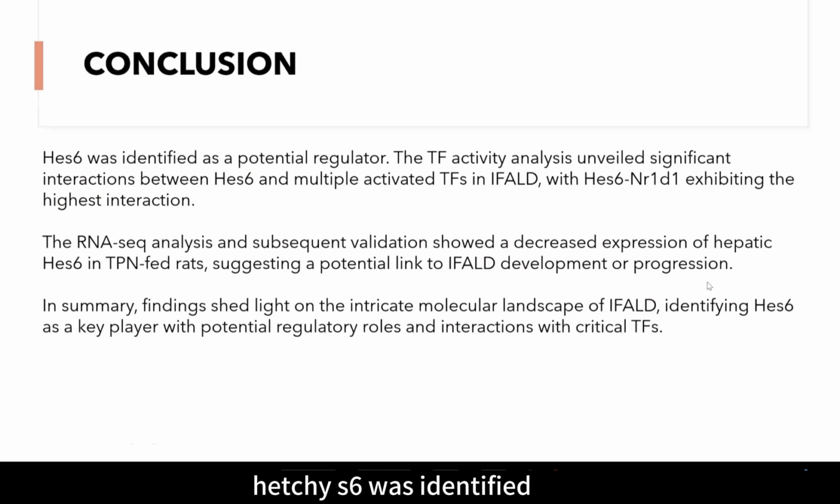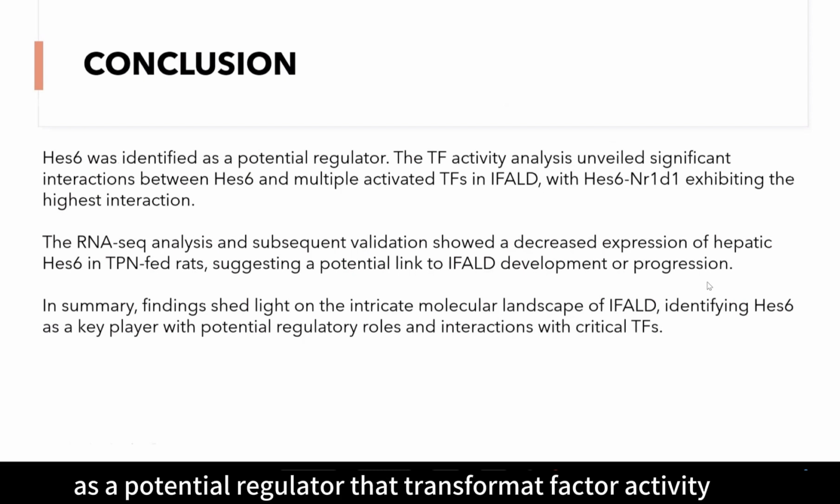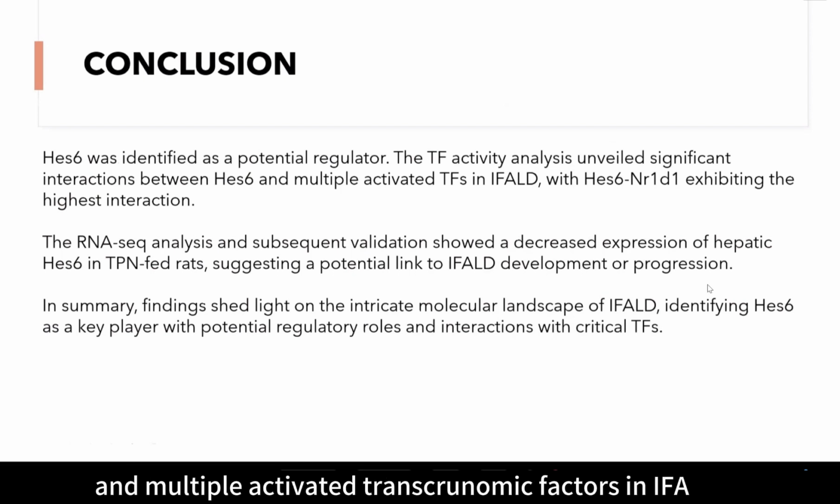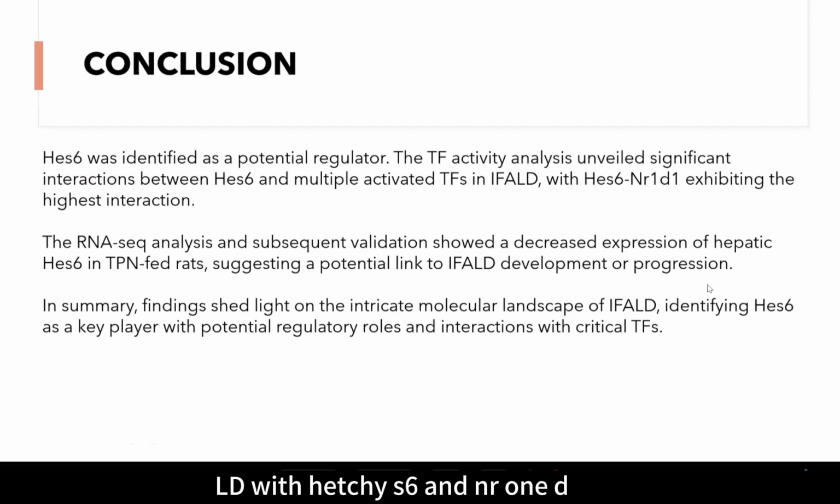Conclusion: HES6 was identified as a potential regulator. Transcriptional factor activity analysis unveiled significant interactions between HES6 and multiple activated transcriptional factors in IFALD, with HES6 and NR1D1 exhibiting the highest interaction.